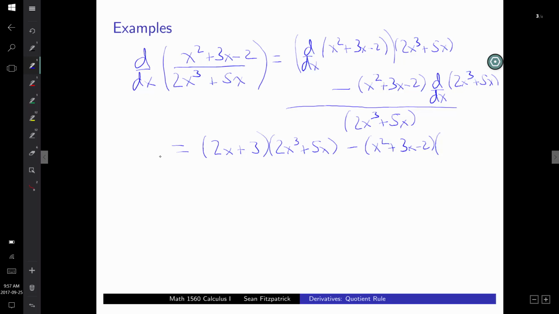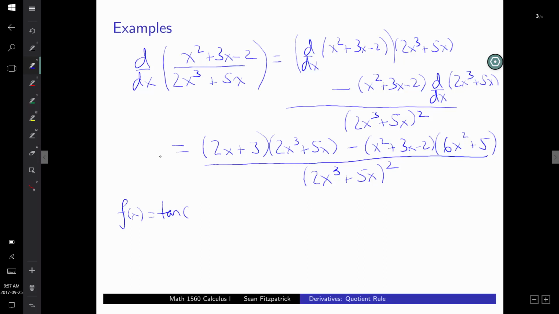The derivative of 2x cubed, well, the derivative of x cubed is 3x squared, times 2 I get 6x squared, and then the derivative of 5x is simply 5. Over, oh, don't forget to square it, 2x cubed plus 5x, and the whole thing is squared.